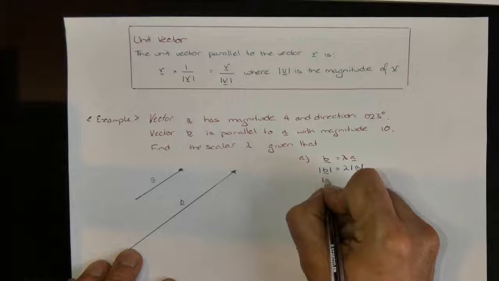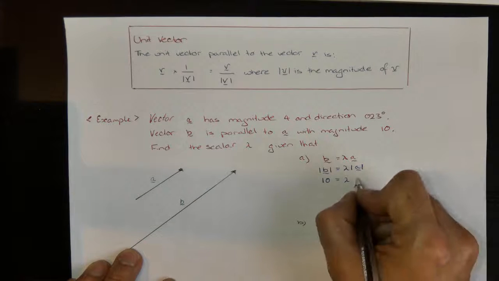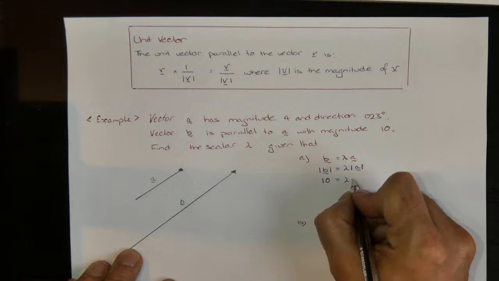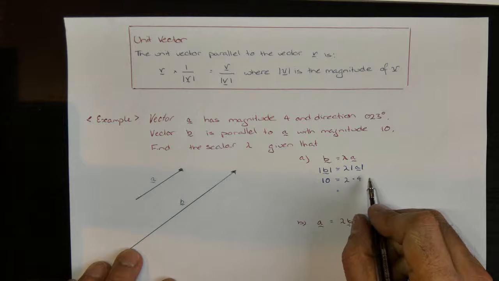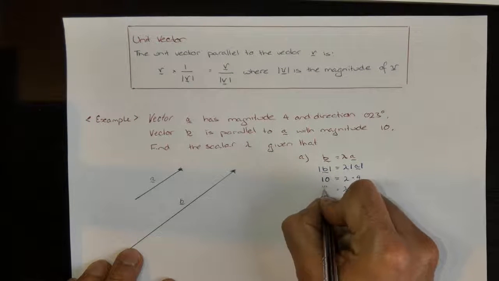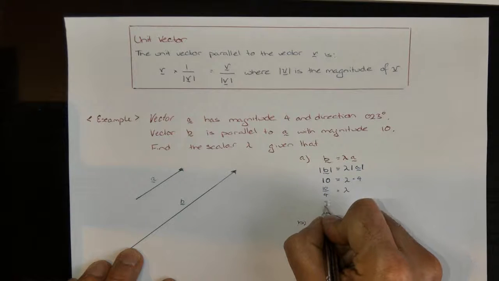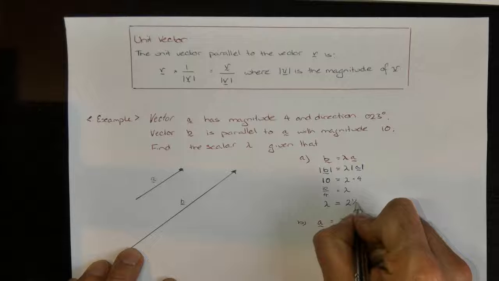So b was 10 and a was 4. So we're going to divide by 4, so we get 10 over 4. So really, lambda in this situation is 2.5.